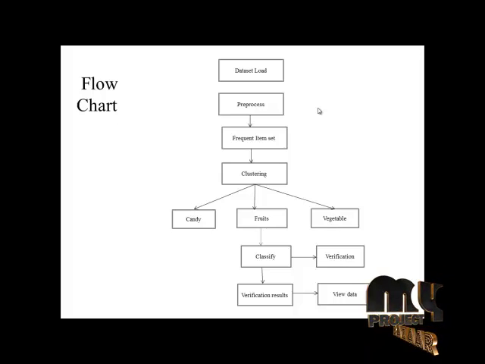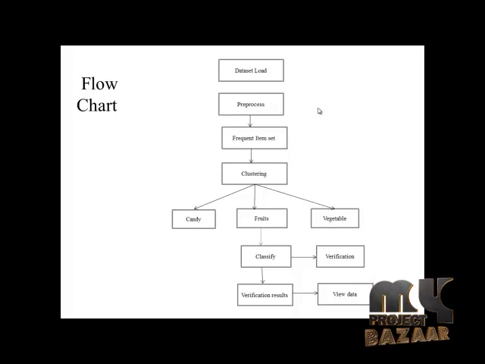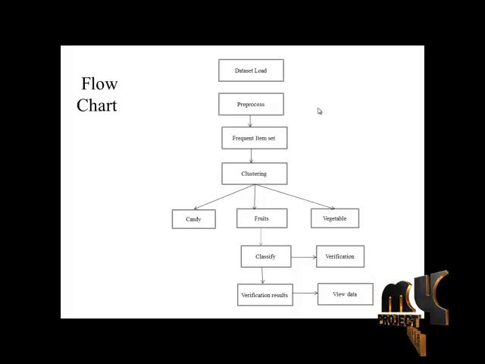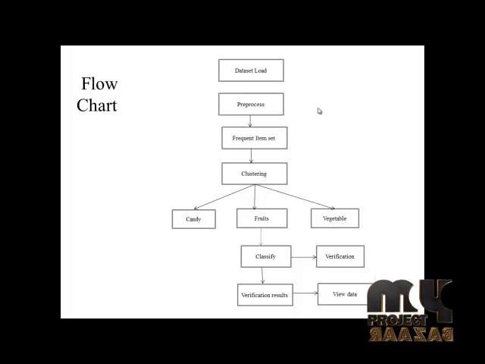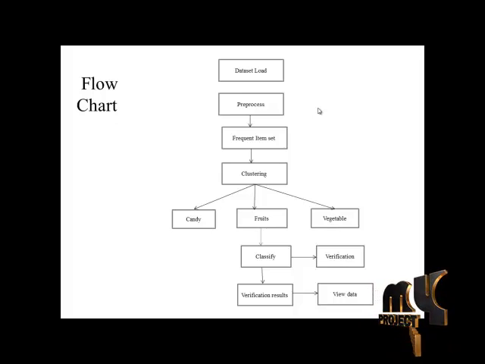We use frequent item set mining with clustering. Clustering means separating the data. Here I'm using many data items as data sets. For example, I'm using supermarket data. A supermarket has many data items, for example candy, fruits, vegetables, masala items, noodles, etc. But only some of these items are used and processed.